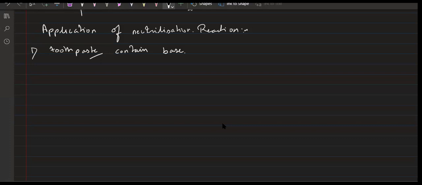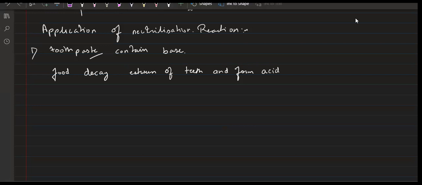So I can say that food decays between our teeth and forms acid. Obviously, when the food decays, it will have a bad smell, and it will corrode our teeth. Agree?